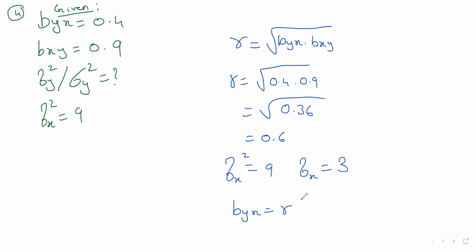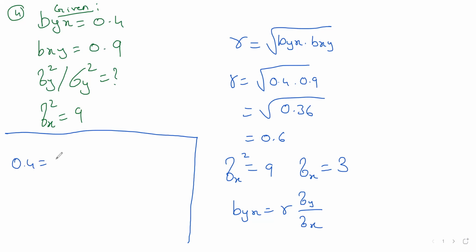Byx is r times standard deviation of y upon standard deviation of x. We have byx. Do we have standard deviation of y? No. Do we have standard deviation of x? Yes. Do we have r? Yes. So let us find out. So 0.4 is equal to 0.6 times standard deviation of y, which we don't know, upon standard deviation of x, which is 3.